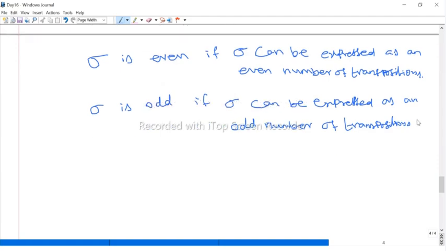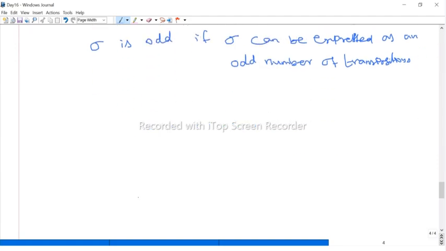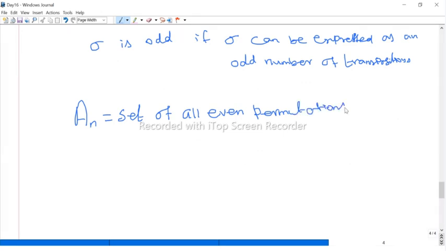That forms a subgroup. That subgroup is called the alternating group. We denote A suffix n, which is nothing but the set of all even permutations. We denote that as An.